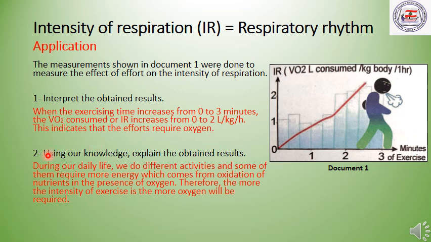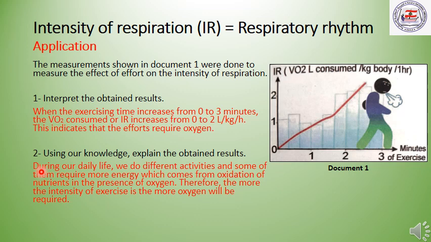Question number 2. Using our knowledge, explain the obtained results. Keep in mind that even if I didn't ask you the first part of the question, I only asked you to explain the obtained results. You should keep in mind that explain is an action verb that requires prior knowledge. So your answer should be based on your prior information.